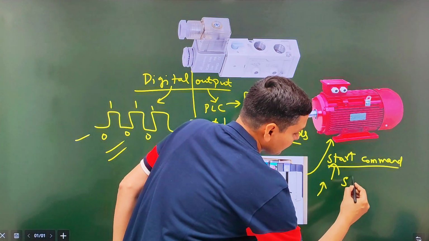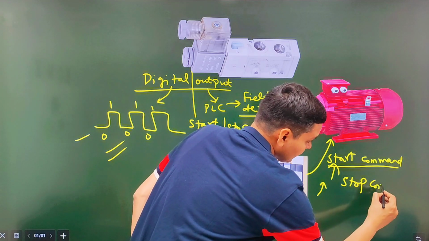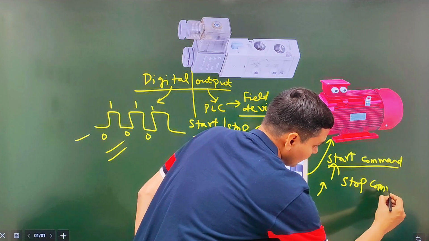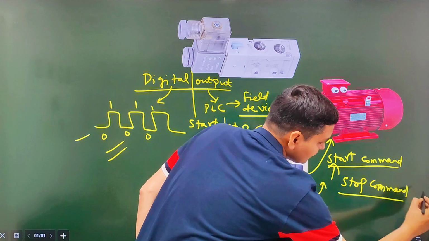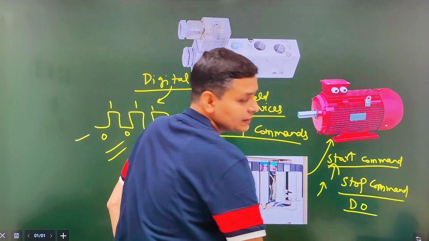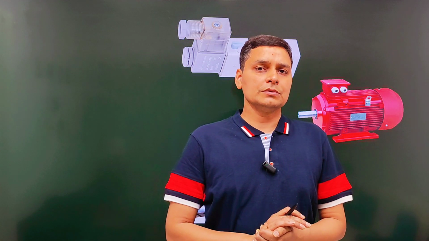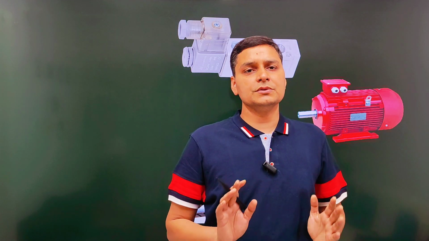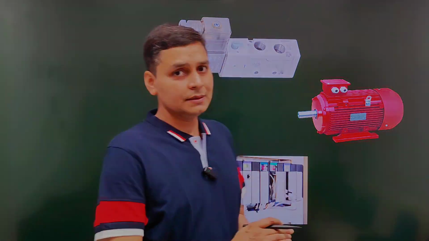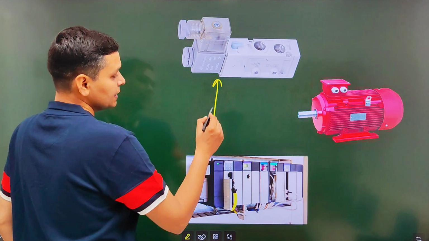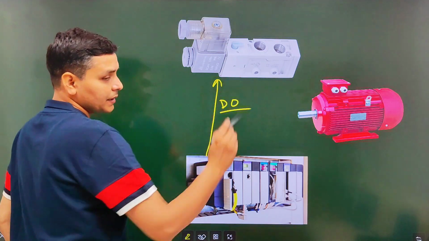Similarly, if you are giving a stop command, then this signal will also be a digital output signal. Look friends, if we talk about solenoid valves that are commonly used in mostly all industries, then their signal from PLC will be a digital output command.